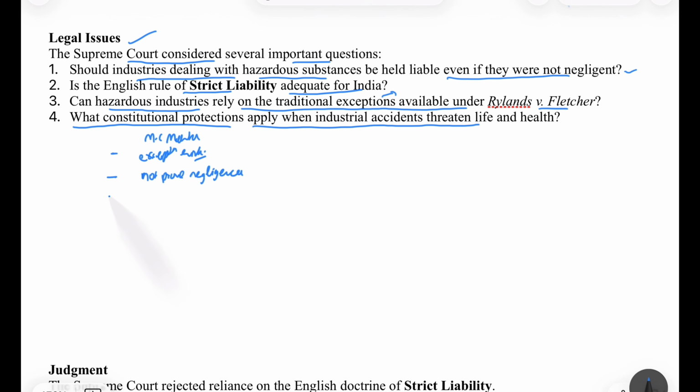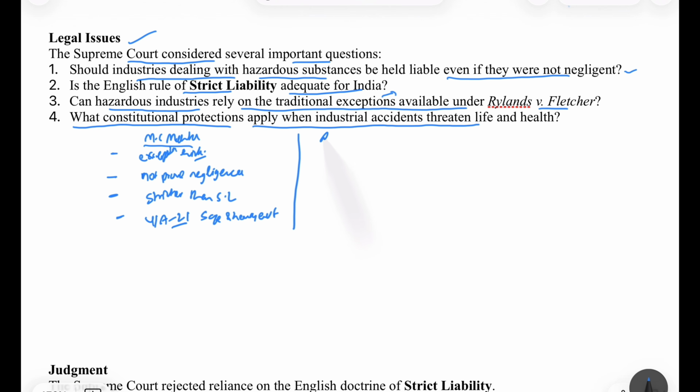In strict liability also they would not have to prove negligence, and the law should provide stronger protection than the English rule, stricter than strict liability. Next, the right to life under Article 21 should include the right to live in a safe and healthy environment. These are the arguments placed before the court by MC Mehta, the petitioner of this case.